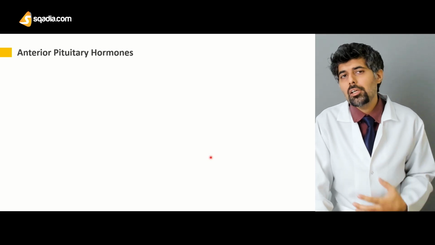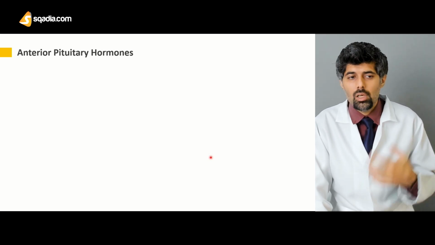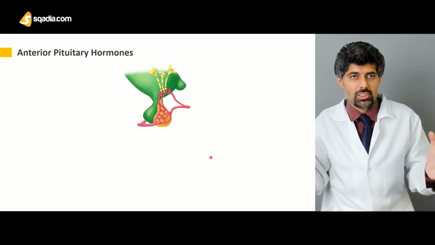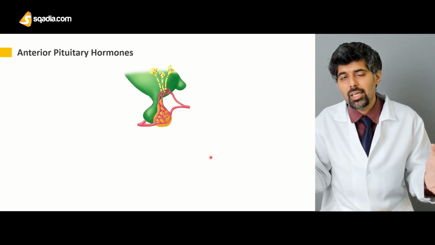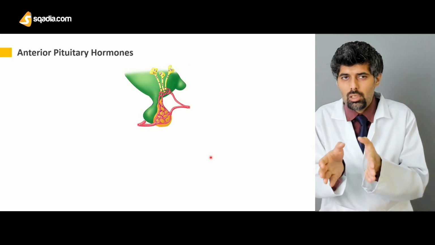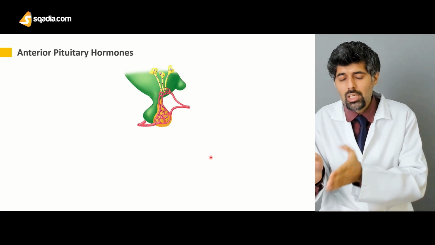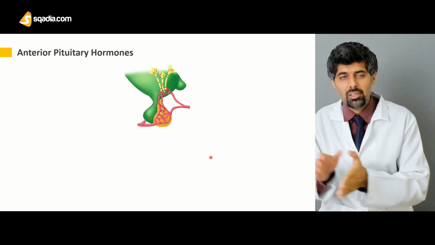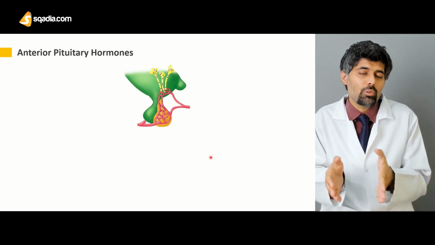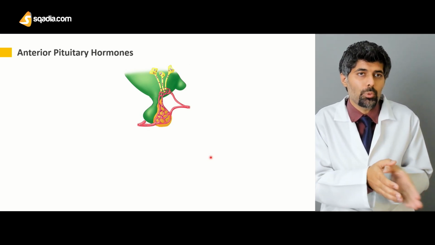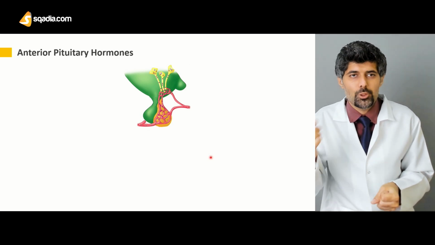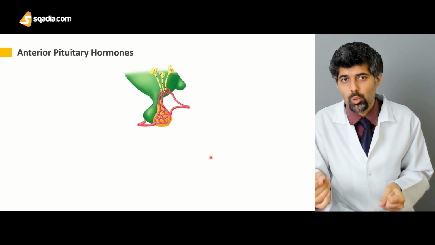Then we have the anterior pituitary hormones. Now, the anterior pituitary hormones are of six types. There are six peptides, and these six peptides are further divided into three which are only peptides, that is, they are basically simple chains of amino acids, and three of these are actually glycoproteins, that is, they have some small amount of sugar associated with them.